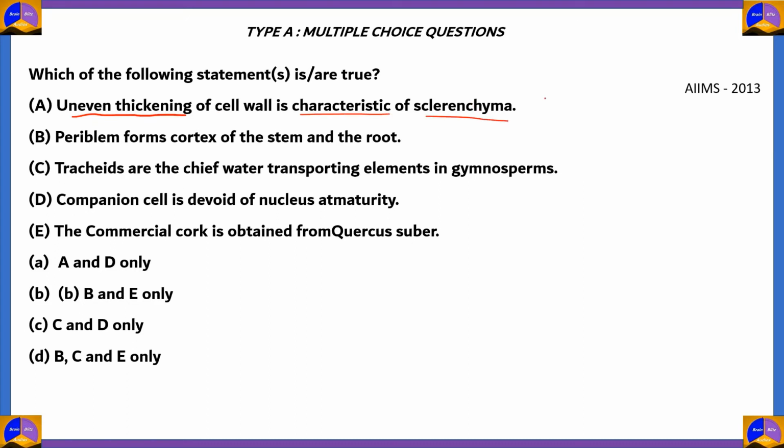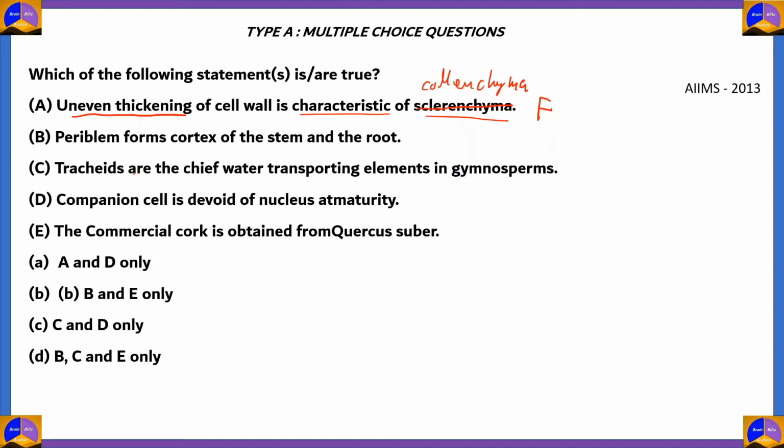This statement is false because uneven thickening of cell wall is not the characteristic of sclerenchyma. It is the characteristic of collenchyma. So that is false.